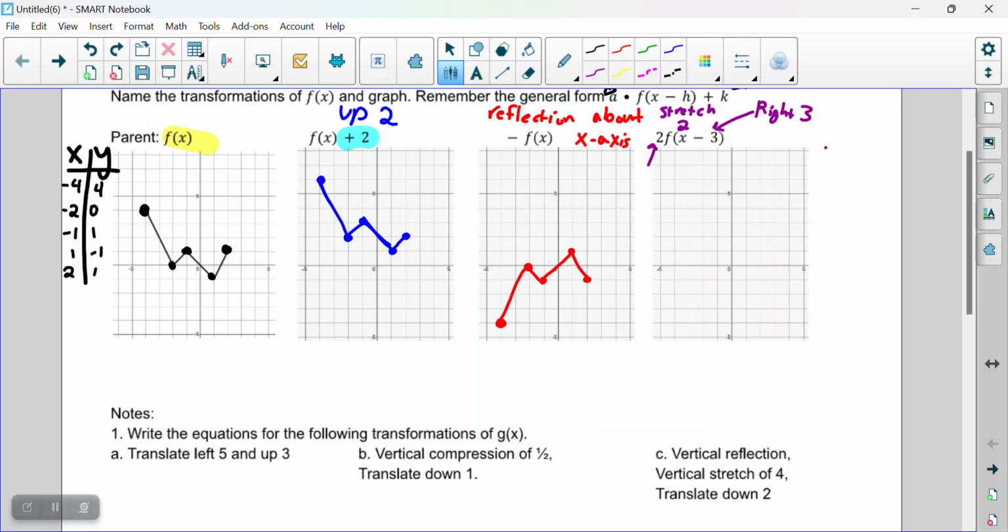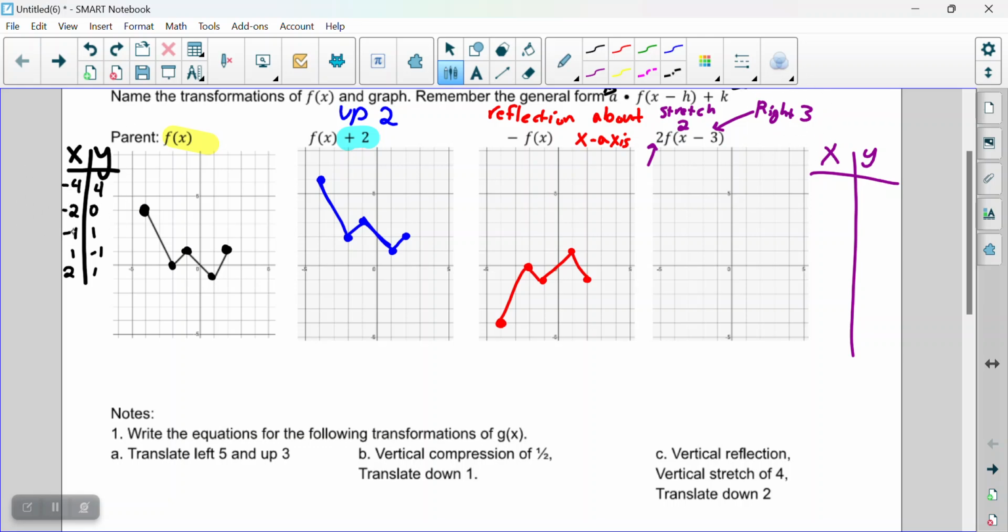I am definitely going to make an XY table for this new graph. Using this original, we're going to change them. If I'm moving right 3, the right and lefts change the x values. So all of these x values are going to be right 3. So it's a +3.